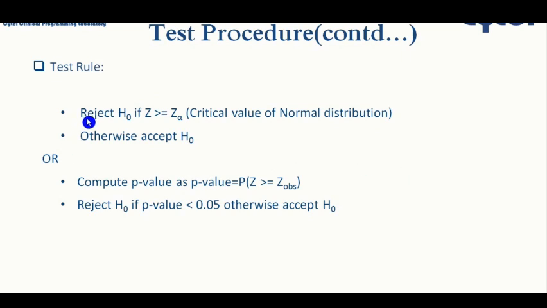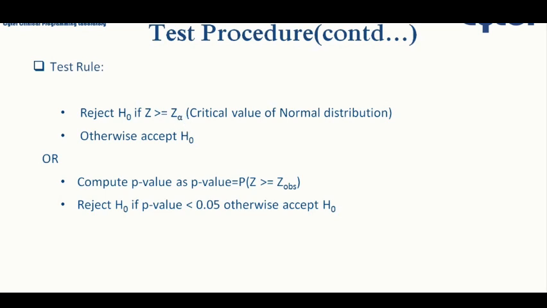So the test rule says reject H0. Reject H0 means accept H1. And what is H1? That mu is greater than mu naught. So if this value of Z is greater than or equal to some critical value of the normal distribution, this is provided by statistical tables or by any software.